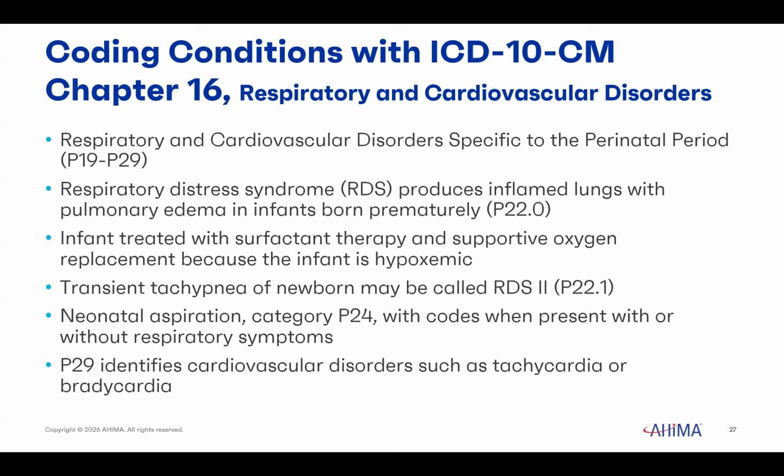Because the baby obviously becomes hypoxic. And we can have neonatal aspiration, category P24, with codes when present with or without respiratory symptoms. We can also have newborn tachycardia and bradycardia, which falls under P29.